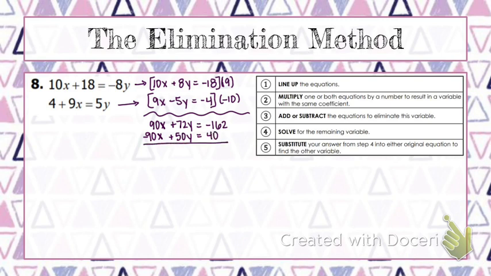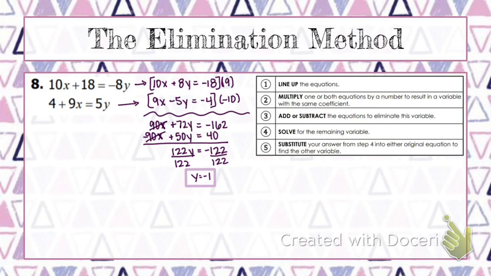And when we add these together, these are going to cancel, and we're going to get 122y equals -122. We'll divide both sides by 122 to get y equals -1.